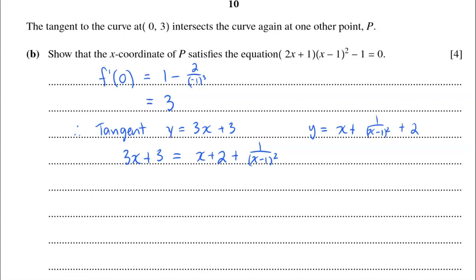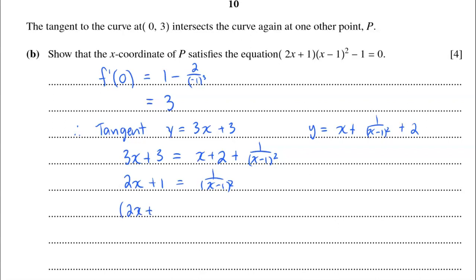Move everything to the other side away from the fraction, and we get 3x minus x becomes 2x, and we get 3 minus 2 becomes 1, plus 1, and that is equal to 1 over (x minus 1) squared. Let's multiply both sides by (x minus 1) squared, because that will bring it up to the top.